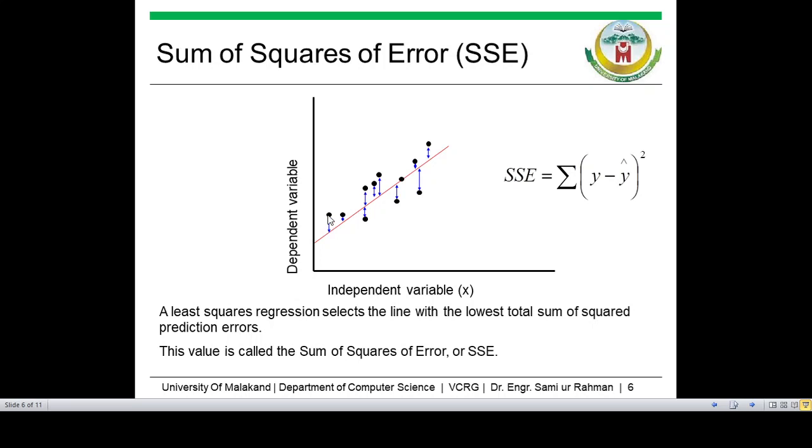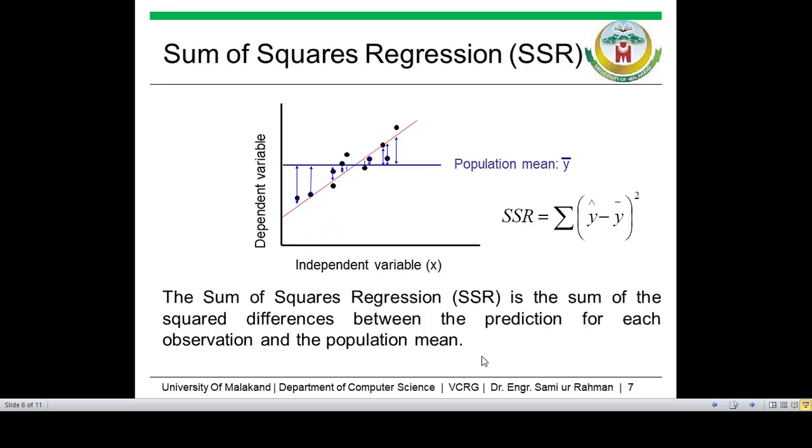So the square of the difference of this observation, plus the square of the difference of this observation, plus this, and so on. This is the summation, and when we calculate the squared differences of all the errors, this is called the sum of square error, or SSE.